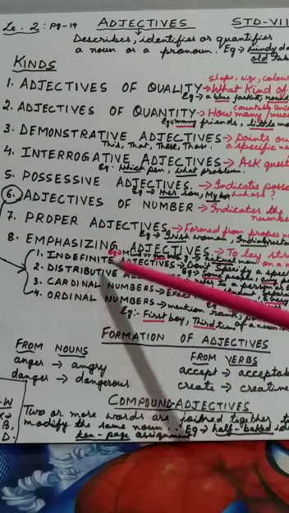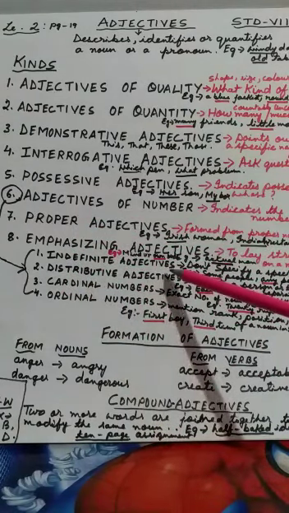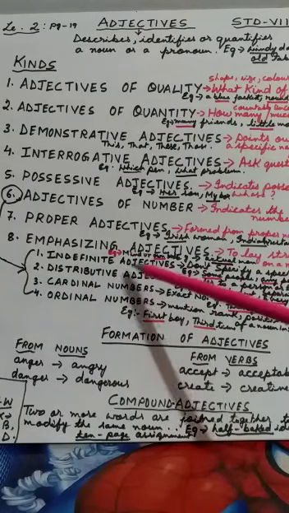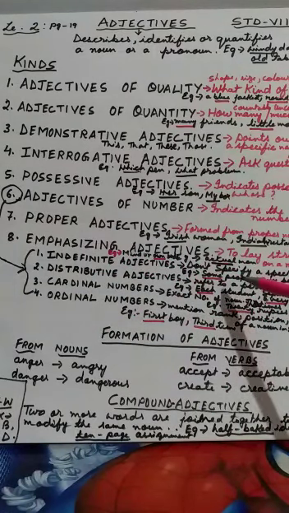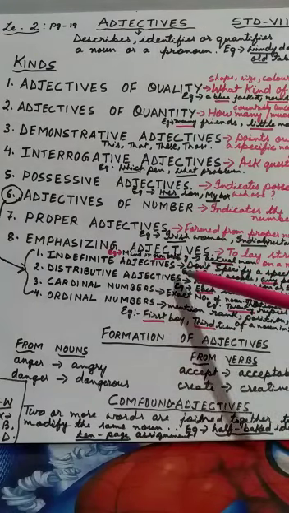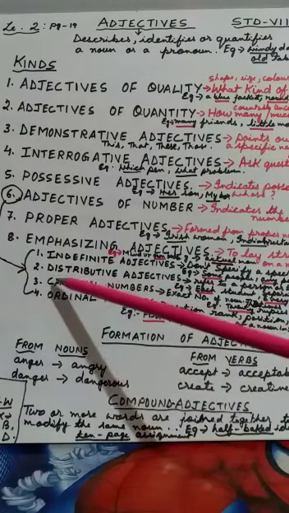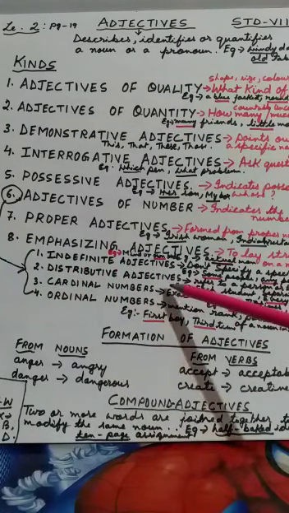First one is indefinite adjectives of number. So indefinite adjectives of number don't specify a special number. Like some people, we don't know exactly how many people. So some people, any pen. So these are indefinite.